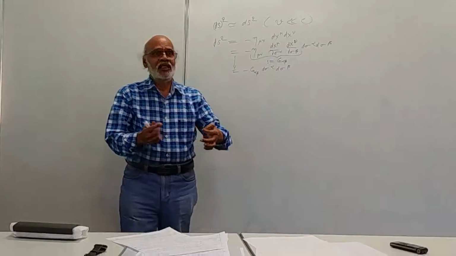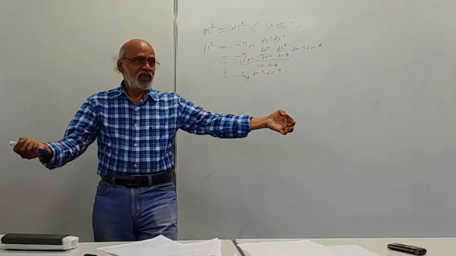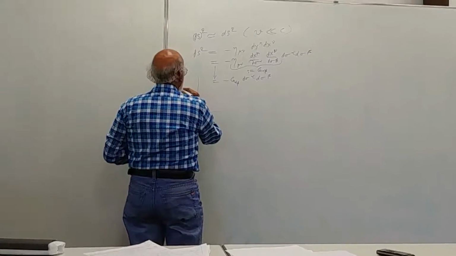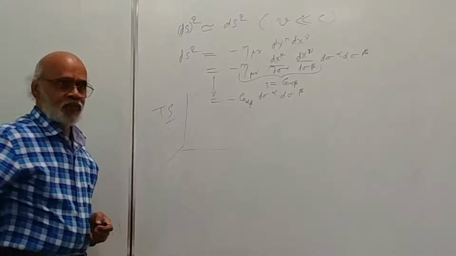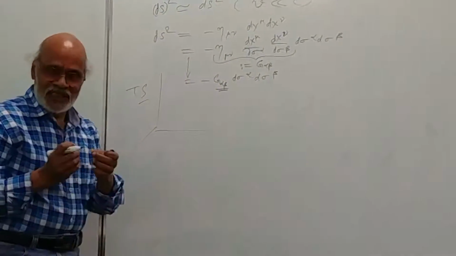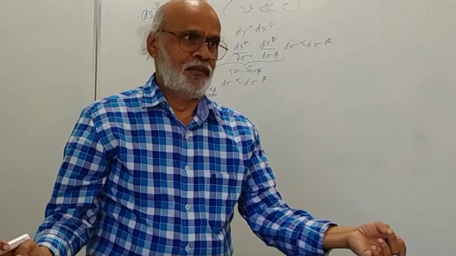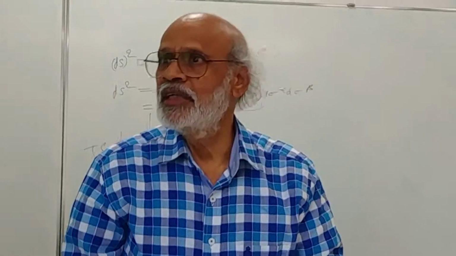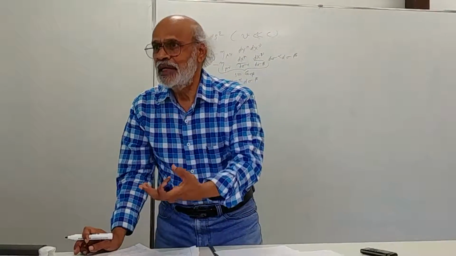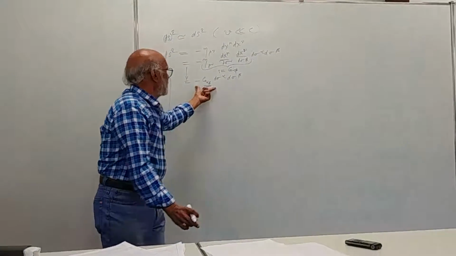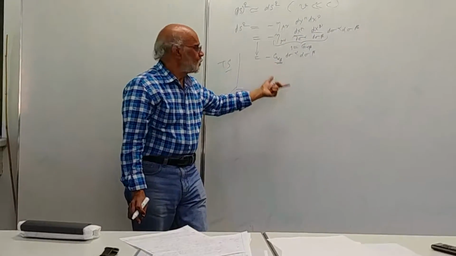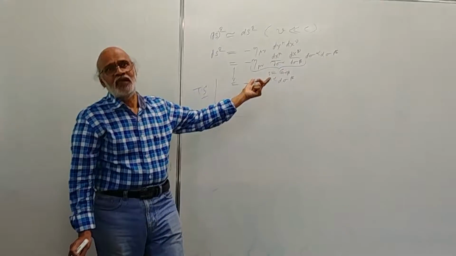This measures the separation of two events in the space-time manifold, which we call the target space, and g alpha beta measures distances on the world sheet. In the world sheet space, g alpha beta is also a metric tensor, and it measures separation in the world sheet space. So this is a new measure that we have introduced.